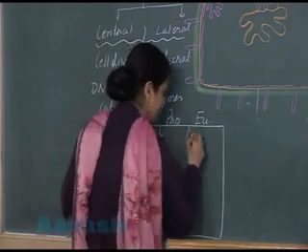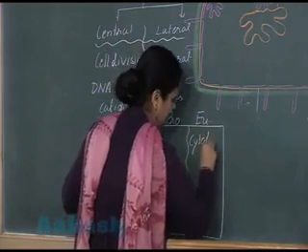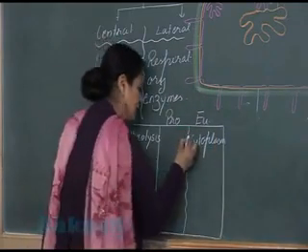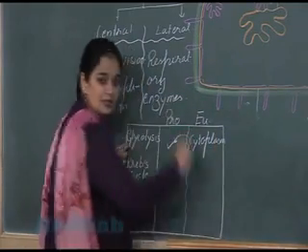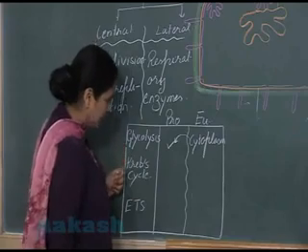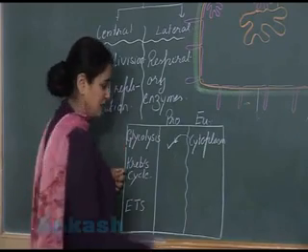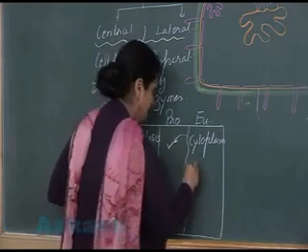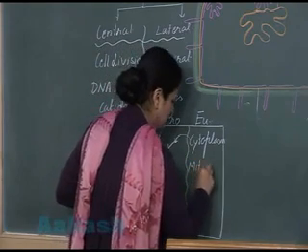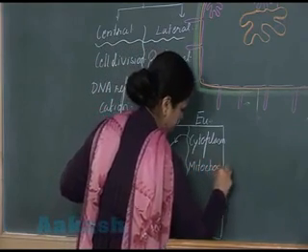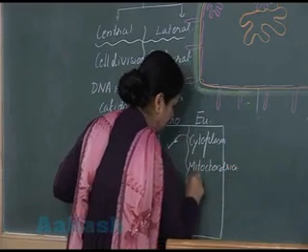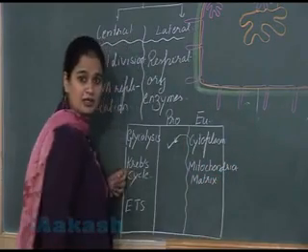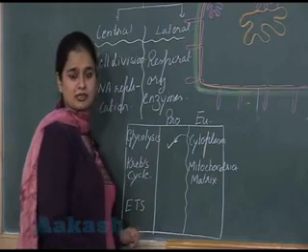In the eukaryotes, glycolysis will occur in the cytoplasm, and in the prokaryotes also the cytoplasm. Krebs cycle, do you remember where the Krebs cycle will occur? In eukaryotes, it occurs in the mitochondria, in the mitochondrial matrix. But what about the prokaryotes?